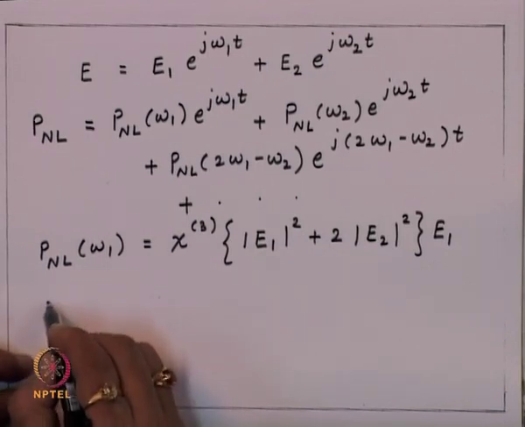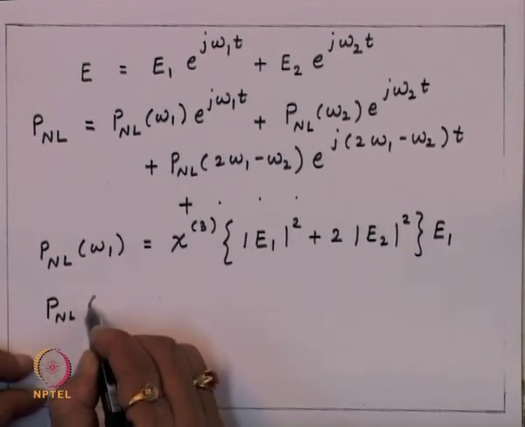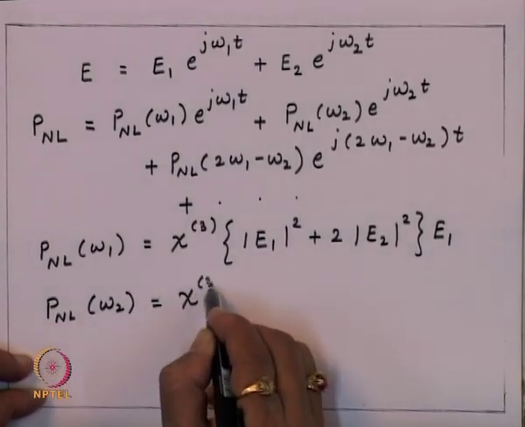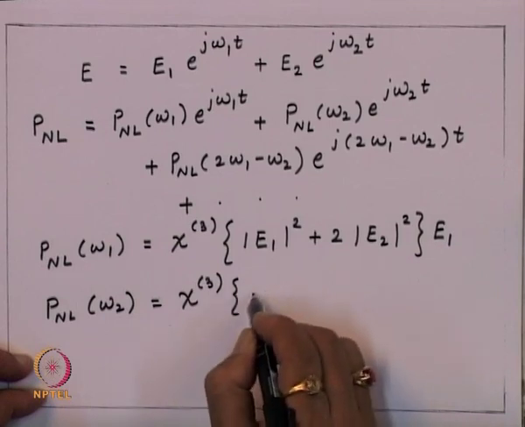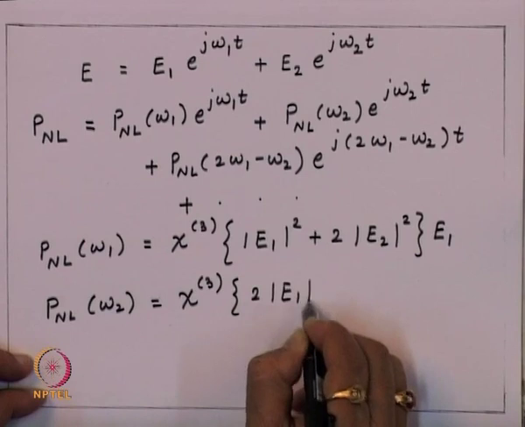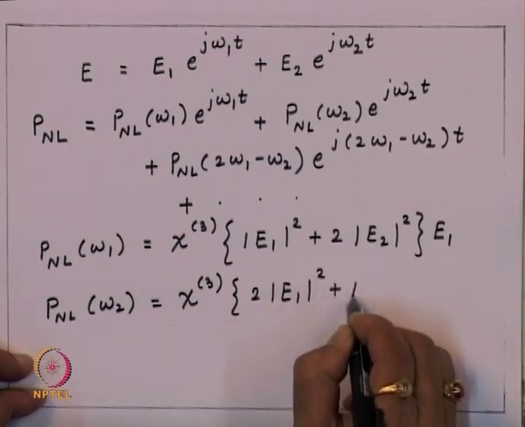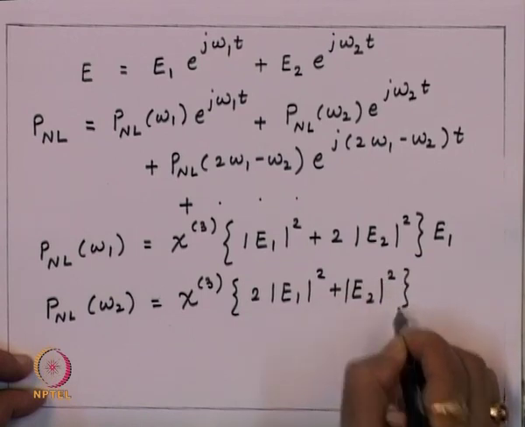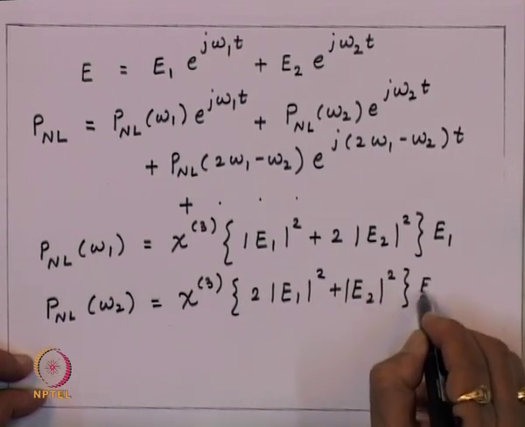Similarly, we can get the nonlinearity at frequency omega 2, that is this chi3 times 2 times mod E1 square plus mod E2 square, times E2.